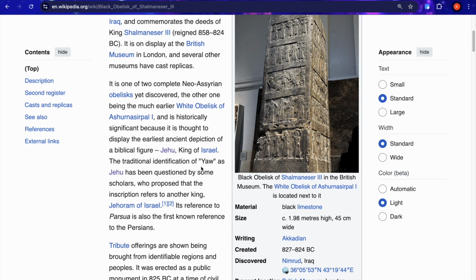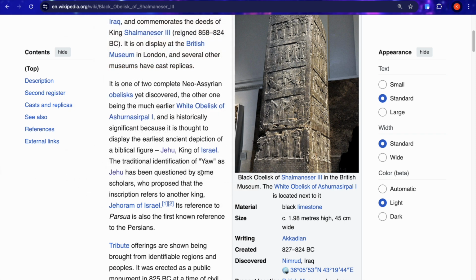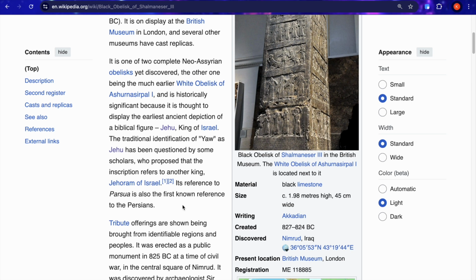The traditional identification of Yaua as Jehu, because remember, in the Hebrew there is no U sound and no J sound, it's just Ah and I. Typically the J in the Hebrew is a Y, just like Judah is Yahudah, and Jacob is Yaaqov. Anyway, it says it has been questioned by some scholars who propose that the inscription refers to another king, Jehoram of Israel. Its reference to Parsua is also the first known reference to the Persians.